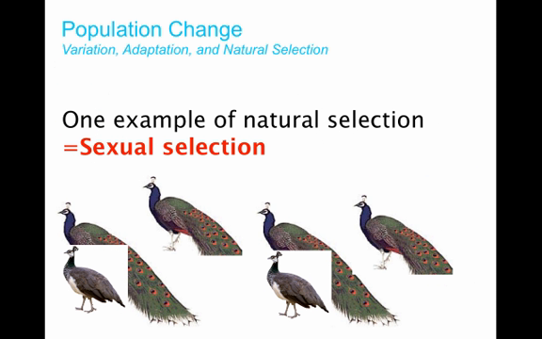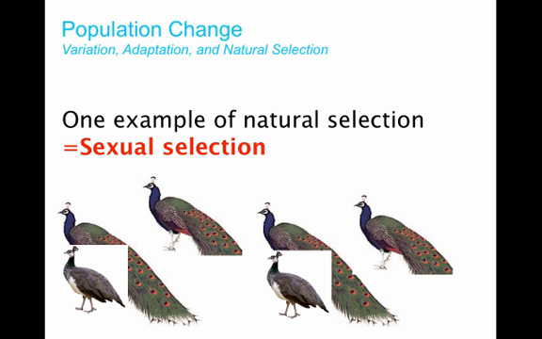Now, our peacock example is actually a special type of natural selection. It's called sexual selection. And we use this term to highlight the difference between when an adaptation helps you to survive, like it did in the stem length of our pea plants, versus when an adaptation helps you to reproduce, like these long tails do.